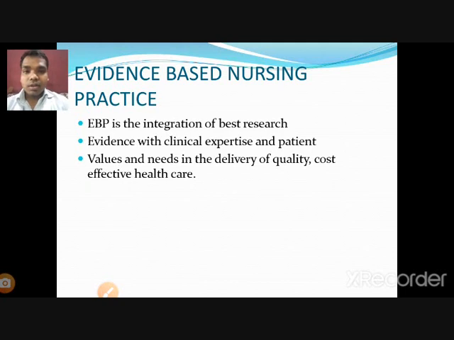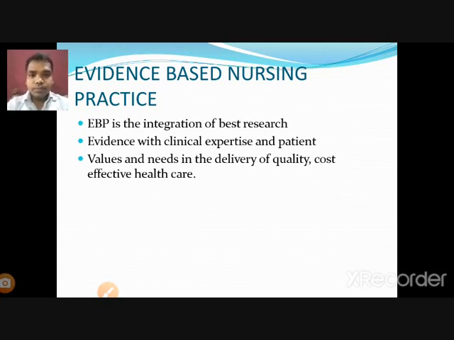Since we are from nursing, we always use the clinical expertise and the patient as our sample or evidence in nursing research. Values and needs in the delivery of quality, cost-effective health care: when we use various articles and sources from our society, we choose quality and cost-effective health care services to use in our study for the research.